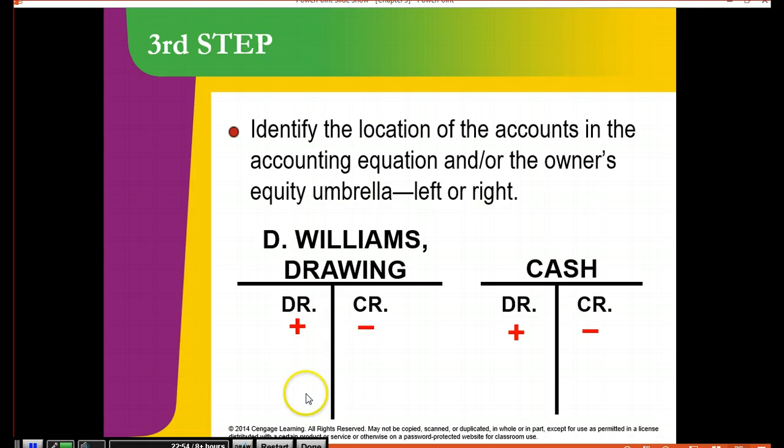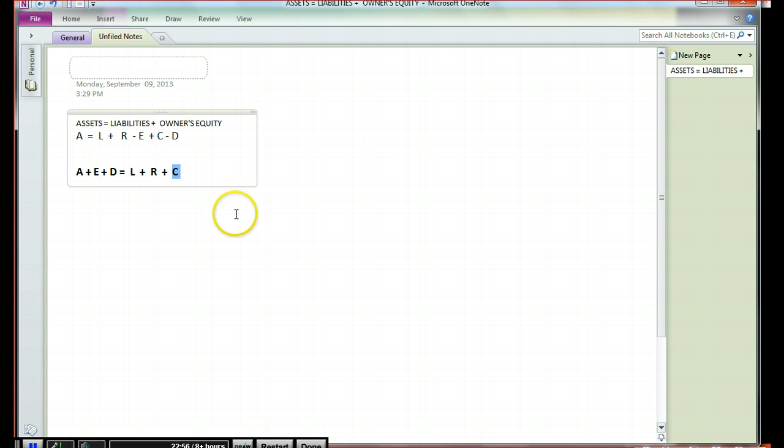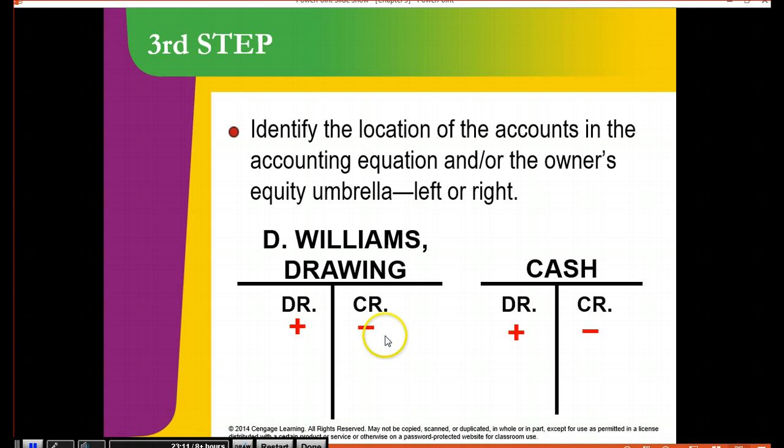So once I have that, let's go back out here to the note sheet here. Drawing, it's positive on the left, it's negative on the right, according to these equations. Assets, positive on the left, negative on the right. So what's happening? Cash, positive on the left, negative on the right. Damon Williams, positive on the left, negative on the right.